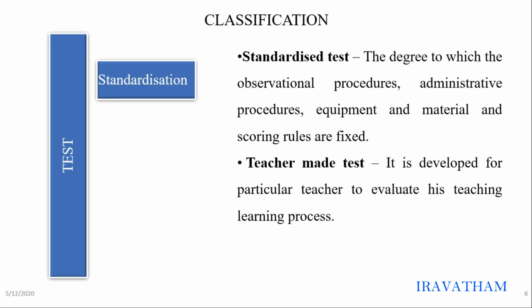And once the test is conducted, we get the data, and the data is being processed from a standardized score, and from that we give the report. That is called standardized test. And a teacher made test, this one is developed by the individual teacher to evaluate his teaching learning process. Generally, teacher made tests are said to be non-standardized tests.